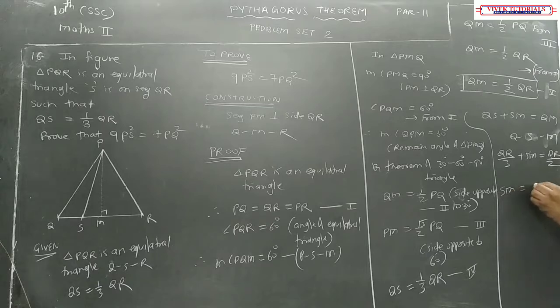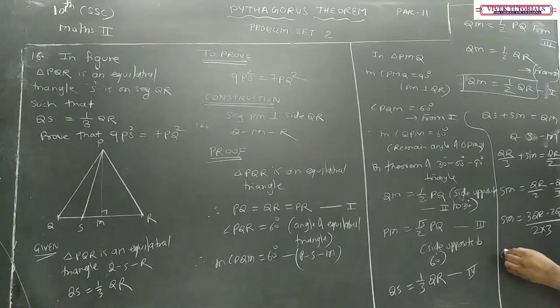So SM becomes QR by 2 minus QR by 3. So SM is equal to 3QR minus 2QR upon 2 into 3. So SM is equal to QR upon 6. So length SM is equal to QR by 6. Okay? Got it now?